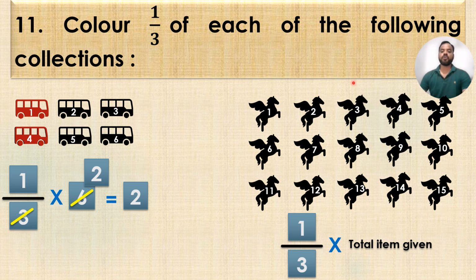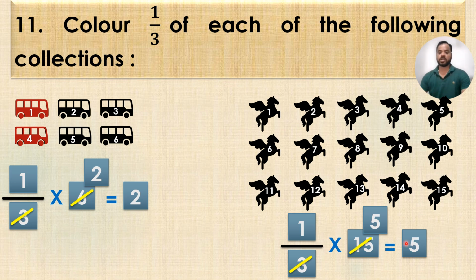So we are given 15 horses. So the total item is 15. When we calculate 1 by 3 of 15, it will be 3 5s are 15. So 5 into 1 is equal to 5. So we have to color any 5 horses. So this is the answer.